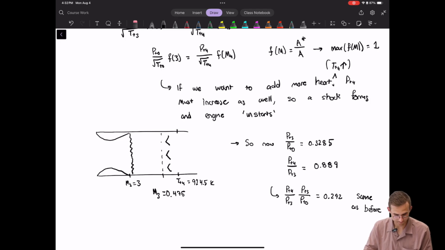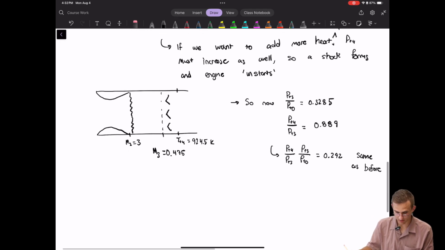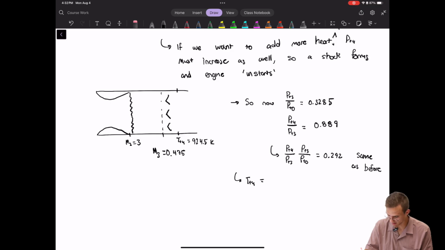And also, we know that TT4 is going to be the same as before, and the reason for that is because the stagnation temperature does not change across the shock.